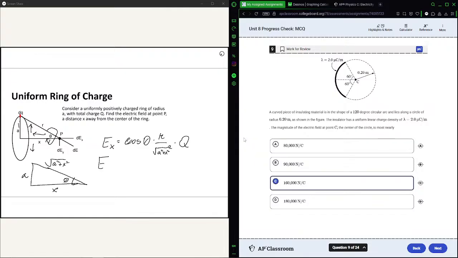Okay, so E of x is equal to, we'll substitute the cosine of theta with x over the square root of a squared plus x squared, times k times q over the square root of a squared plus x squared. So with some rearranging, that's kx over (a squared plus x squared) to the 3/2, times q.